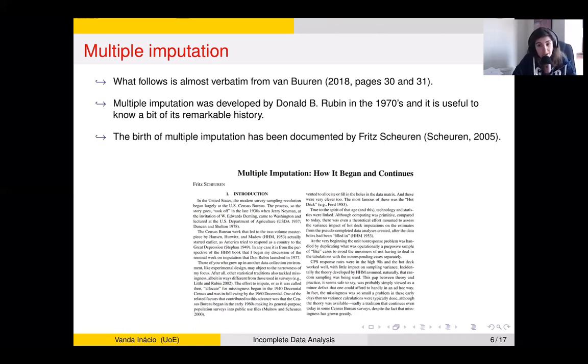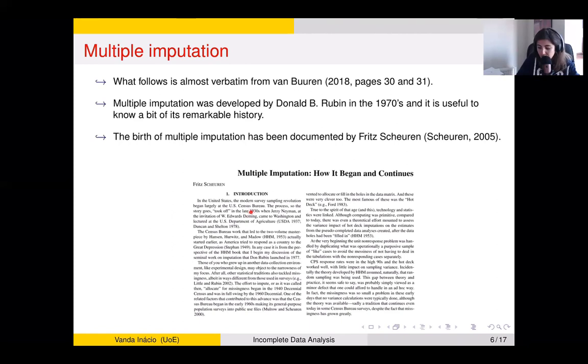I'm pretty sure that I'm not pronouncing the name correctly, but that's not too important. In 2004 or 2005, this author published a paper in the journal American Statistician, titled Multiple Imputation: How It Began and Continues. And we have here the cover of the paper.